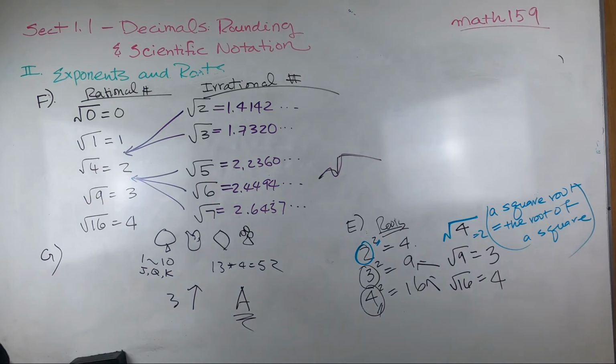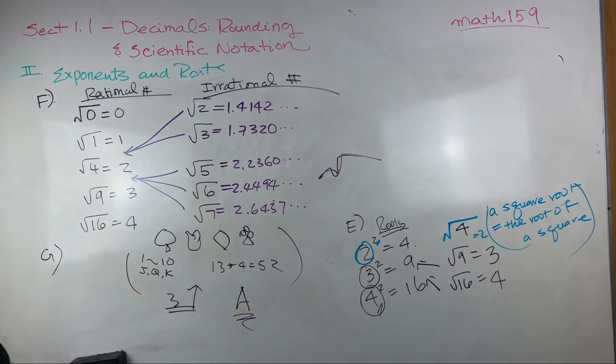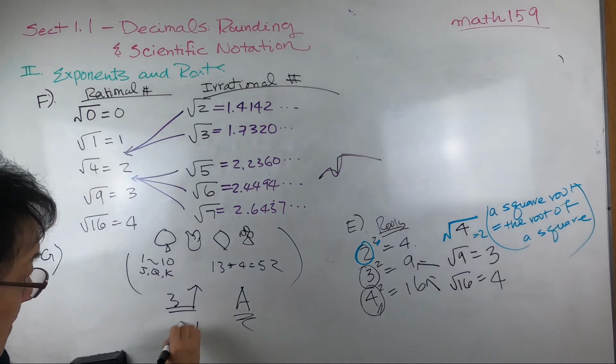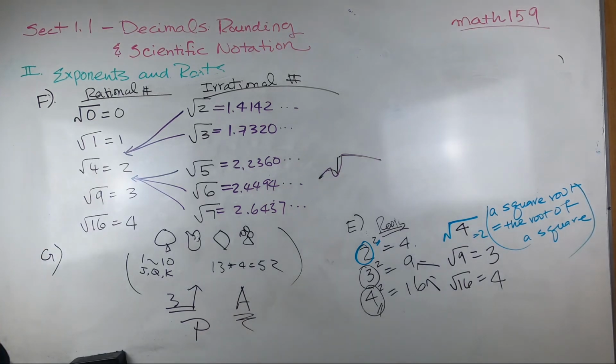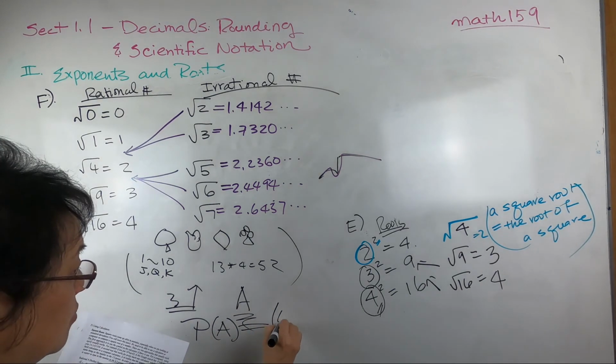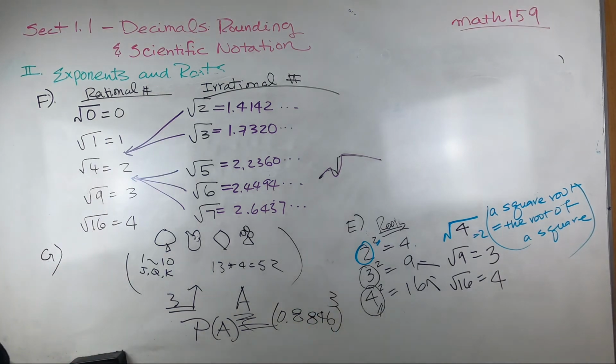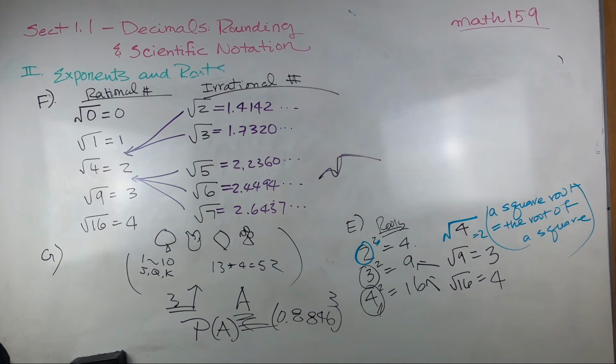Then the probability of this event, we pick the 3 cards out of those 52 cards. Okay, for this event, the probability, we use P. In this class, you learn a lot of symbols. So the probability for this event is what? 0.846 to the cube, right?